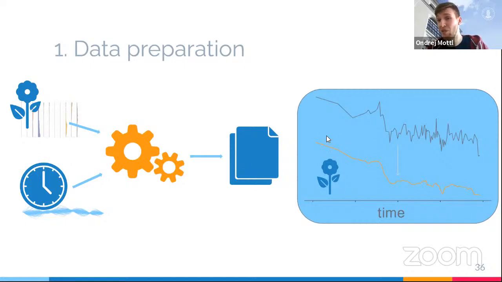And during this step, you can also do something which is very common in paleo, which is smoothing of the data. If you remember, these are the very wiggly curves for the pollen in time. And something that paleoecologists do quite often is they take one of these wiggly curves of the pollen, for example of one of the taxa, and then use some smoother to smooth it in time to get rid of sampling imperfections. It's already built into the package, and you can choose to do it or not.